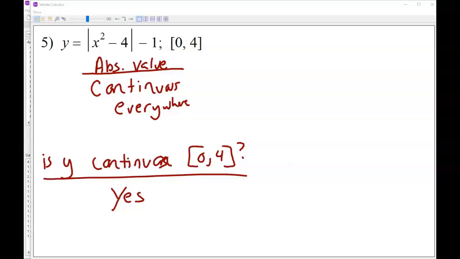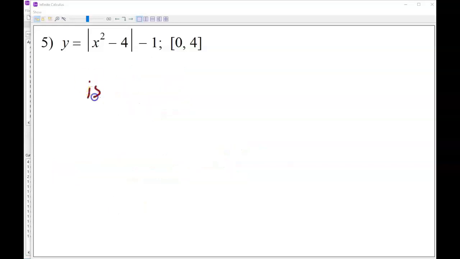Now let's take a look at the differentiability. First of all, we want to do our derivative. When we're doing differentiability, it's open. Is y differentiable on the open interval 0 to 4?